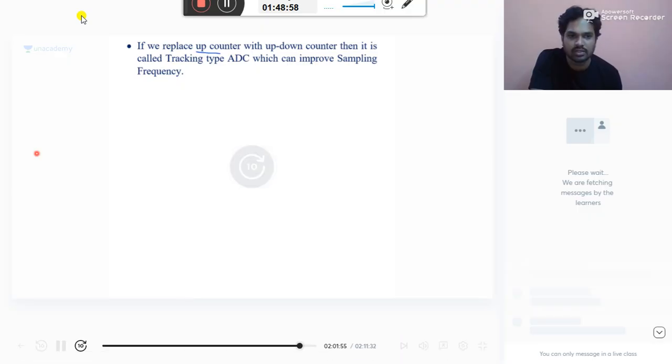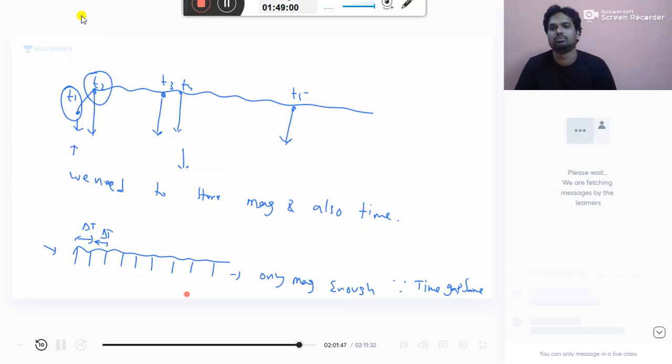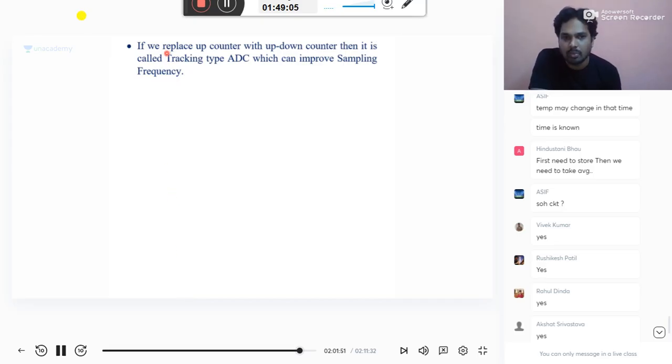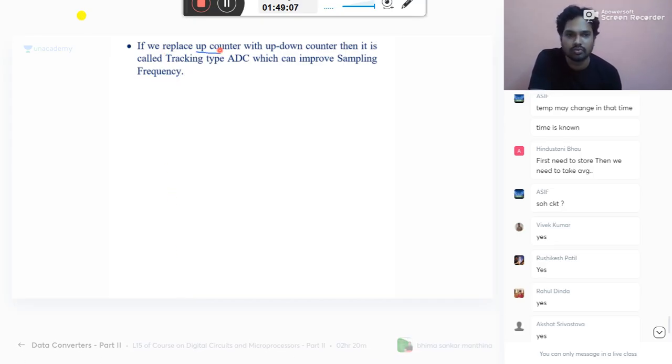For example, earlier we used only an up counter. So if you use an up counter, for example your input is 2.2, I will count up to it. Then again the input is some 4.5.